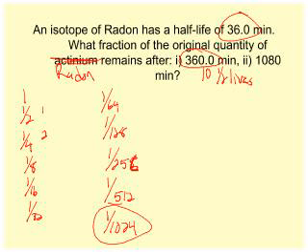1,080 minutes. So what I'm going to do is take 1,080. Get out my handy dandy little calculator here. Oh, mine's only solar. I've got issues now. Let's see if I can find a non-solar calculator. I'm sitting in the dark. 1080 divided by 36 would be 30 half-lives. So then, to make it a little bit quicker, I can take 1 divided by 2 to the 30th.